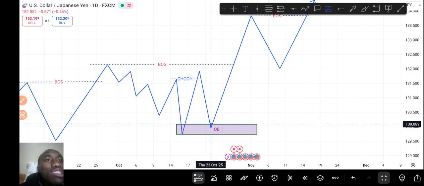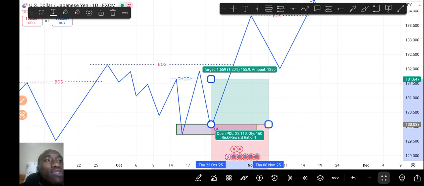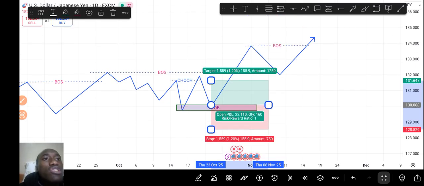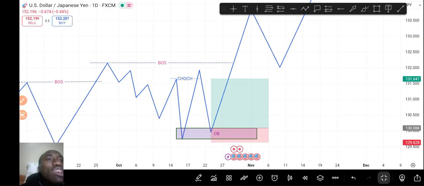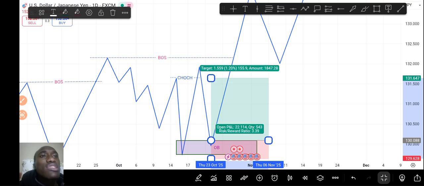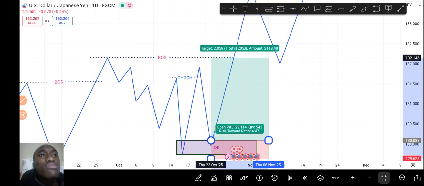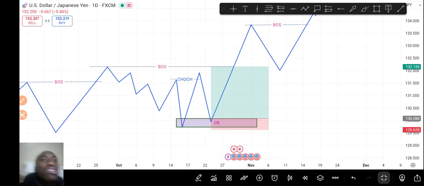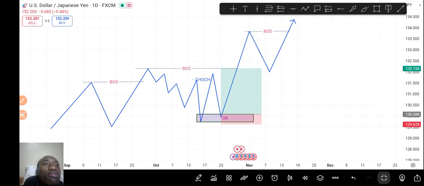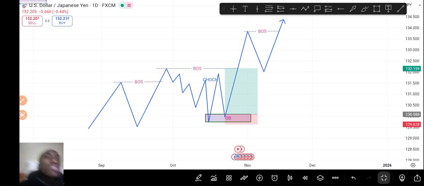I just take my buy from this point like that, and then I put my stop loss below this low like that, and then I target where? I target this strong high to be broken, this high to be broken here. At this point I target this high, just like that, boom, and the trade plays out and you are in profits and you go and do your own things, just like that.